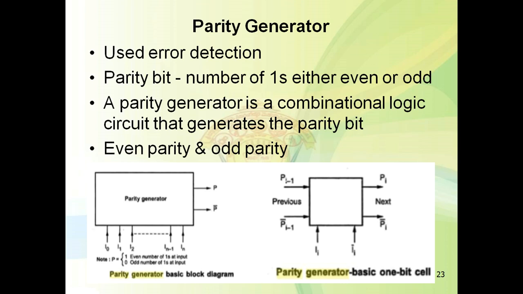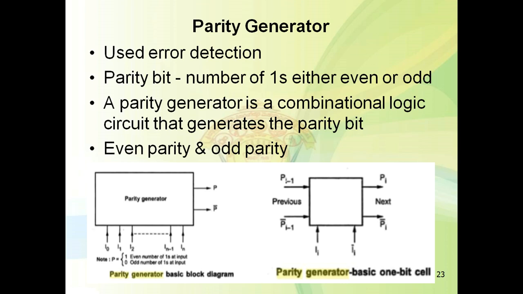Depending upon the number of ones in the binary data, if we count the number of ones in the data lines and the number of ones is even, then even parity will be set, and at that time odd parity will be equal to 0. So we have to add one more extra bit, the parity bit, and that gives the information about whether the number of ones is odd or even. That bit is called a parity bit.